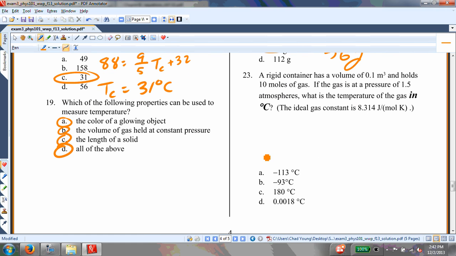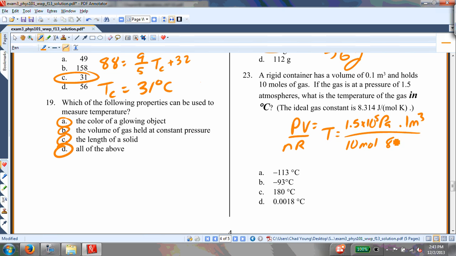This was an ideal gas law on the temperature. PV equals nRT. So PV over nR equals T. The pressure is 1.5 atmospheres. That's 1.5 times 10 to the 5th pascals. The volume is 0.1 cubic meters. N is 10 moles. And R is 8.314.